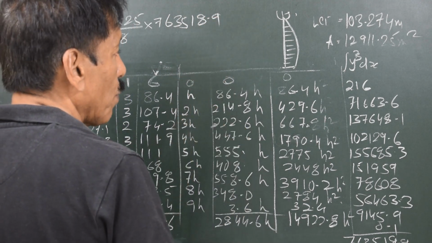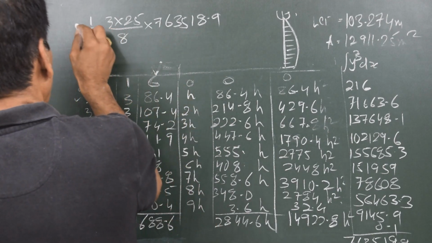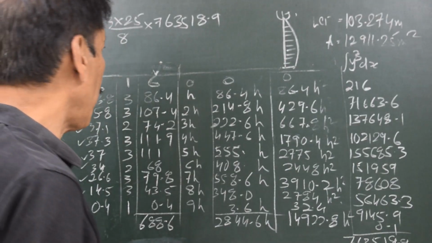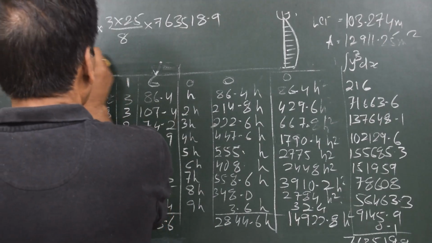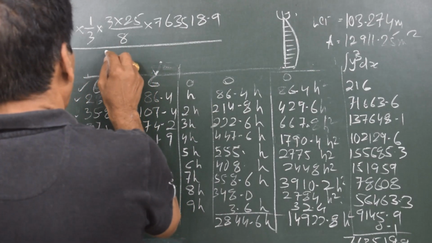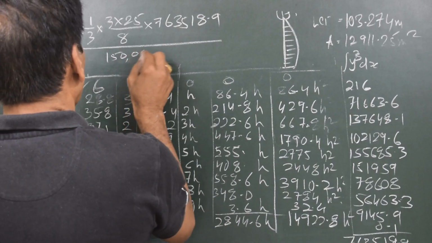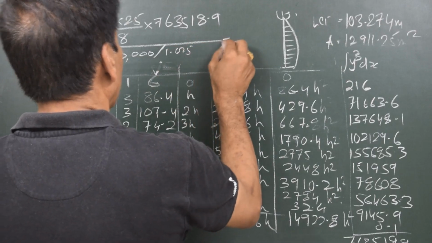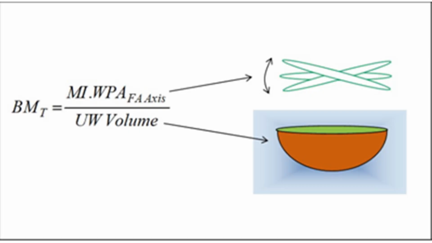Now this is the moment of inertia about the center line, but for the half area. For the total moment of inertia I will have to multiply by 2, and this divided by the underwater volume, that is 150,000 divided by 1.025. This will give me the BM transverse.